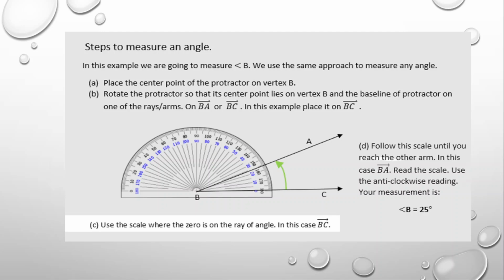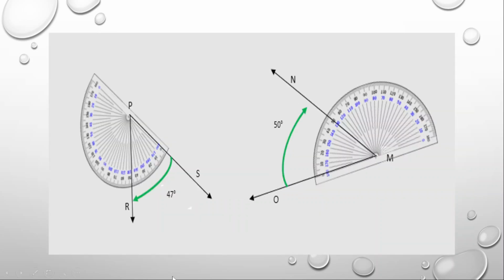Okay, next one. You see the angle? It's not flat. P is now the vertex over there. And we have PR coming down like this. And P is going that side. Take your protractor and try to rotate it until the baseline is on one of the rays, in this case on PS, and the center point is on P. You see there?